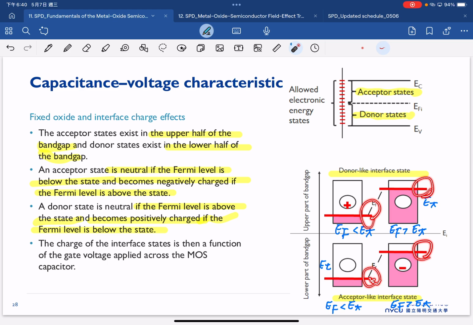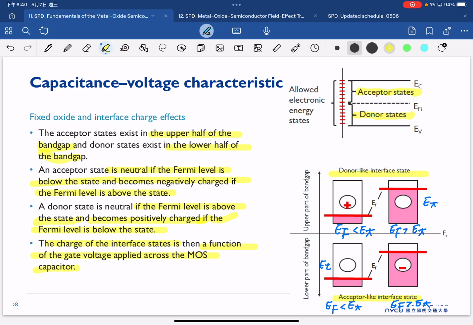So that means the charging of this interface state is also highly correlated with our gate bias. So the charge of the interface state is a function of the gate voltage applied across the capacitor.